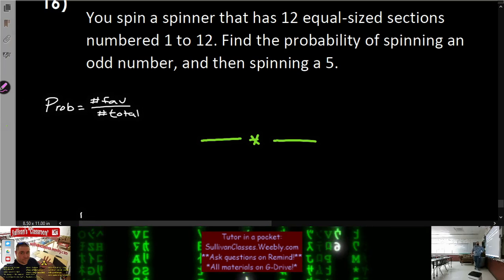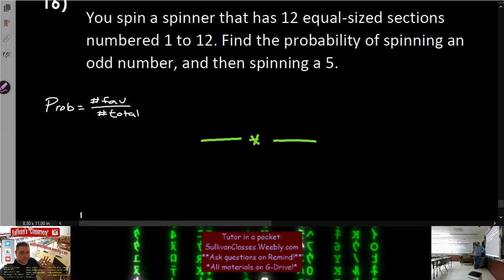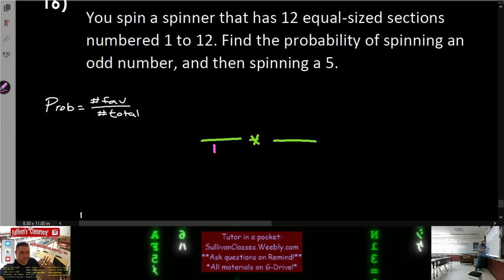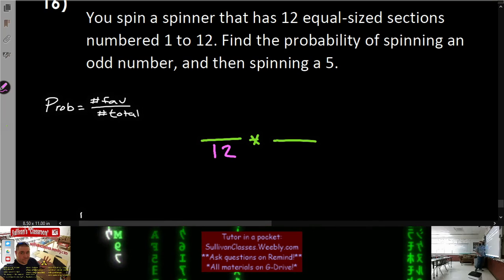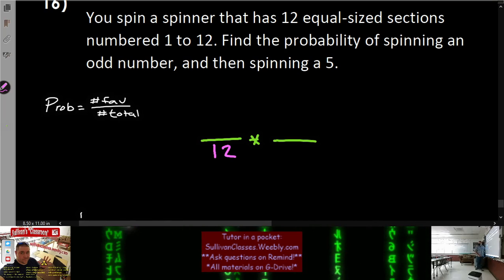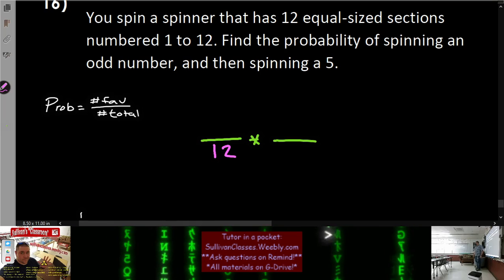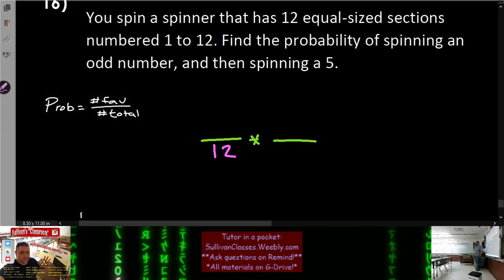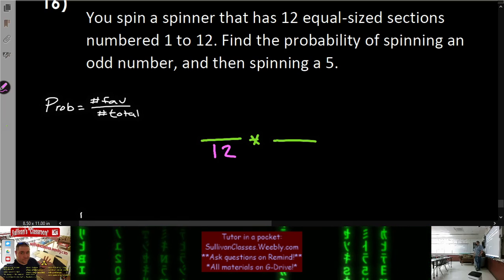So the first one, how many total outcomes are on the spinner? How many of them are odd? 1, 3, 5, 7. Stop guessing. 6, actually.